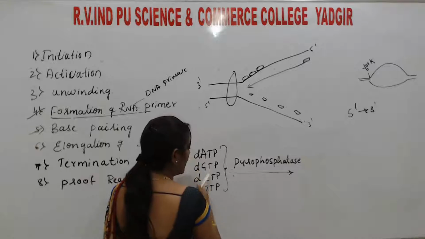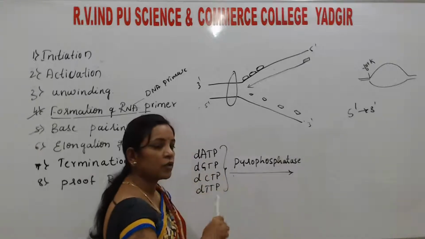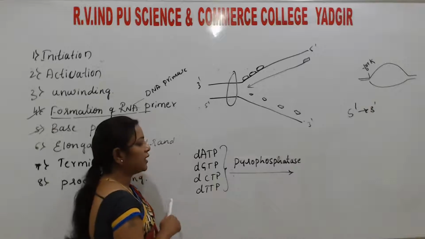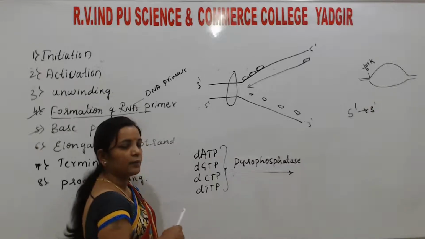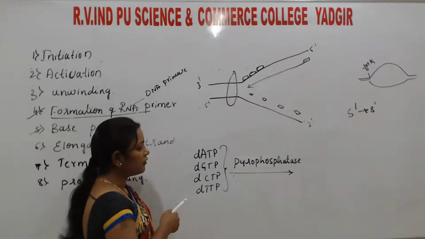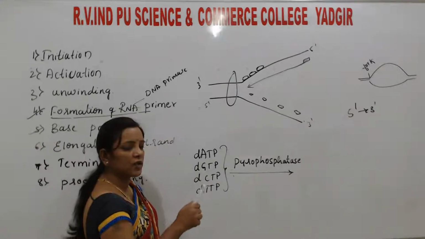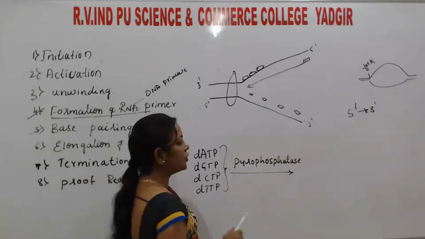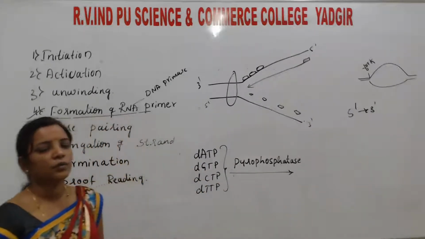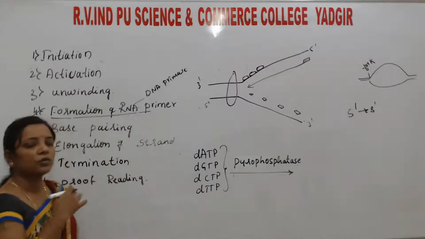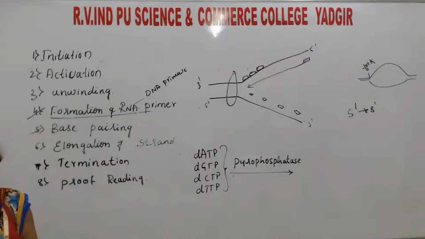Earlier, to convert monophosphate into triphosphate, what type of enzyme were we using? Phosphatase enzymes. Here we are using the pyrophosphatase enzyme, which will convert triphosphate into monophosphate, to break the hydrogen bond.